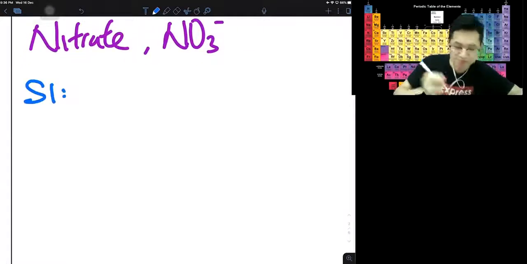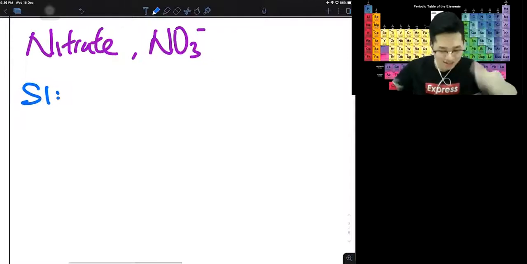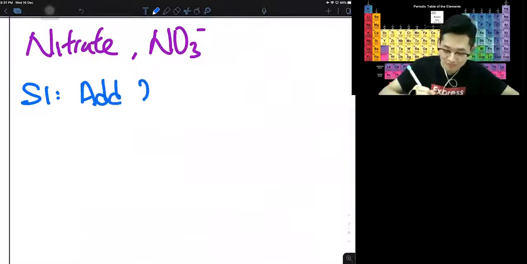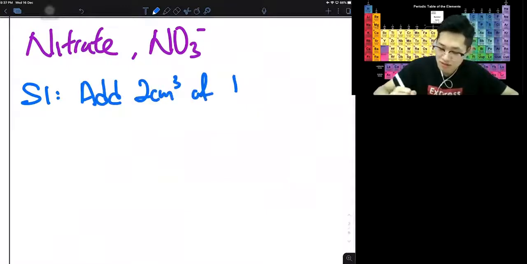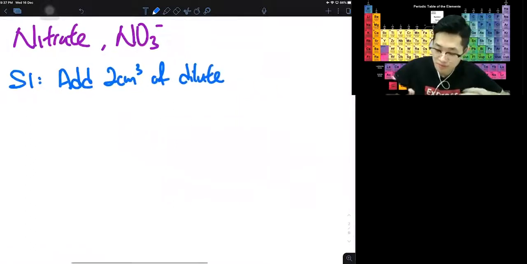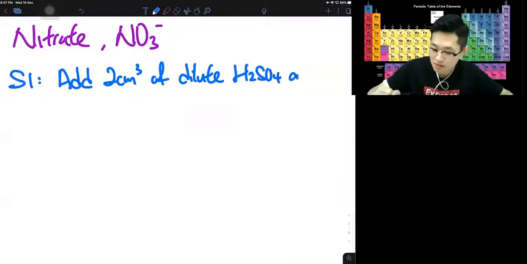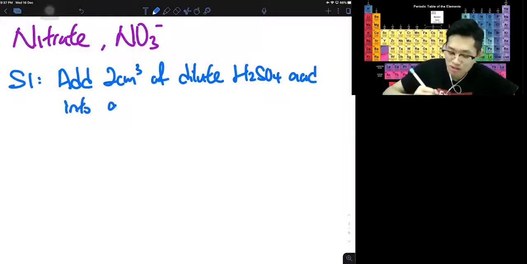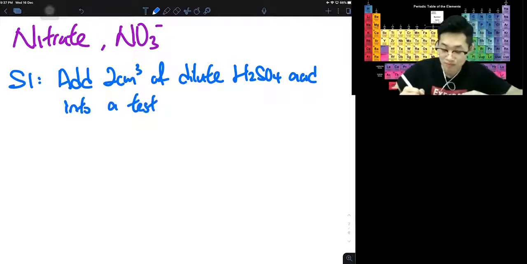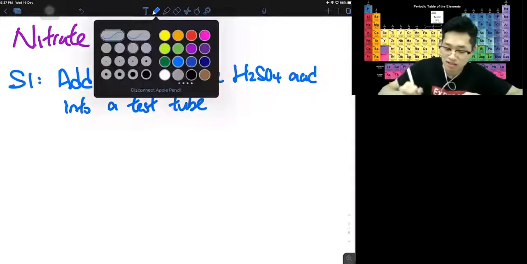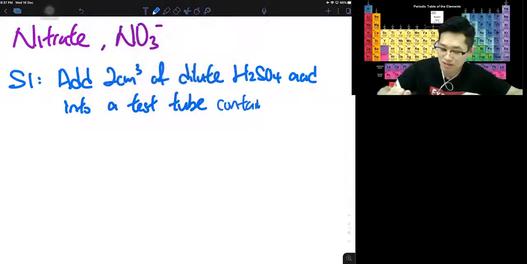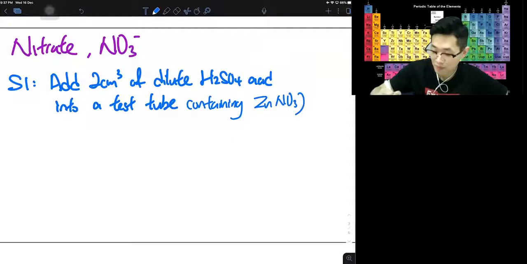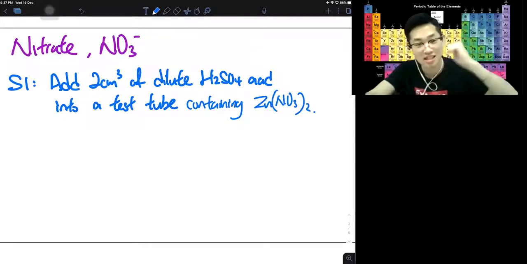So step 1, what is that? Add acid. My mom also can remember already. So add 2 cm cube of dilute sulfuric acid into a test tube containing zinc nitrate.